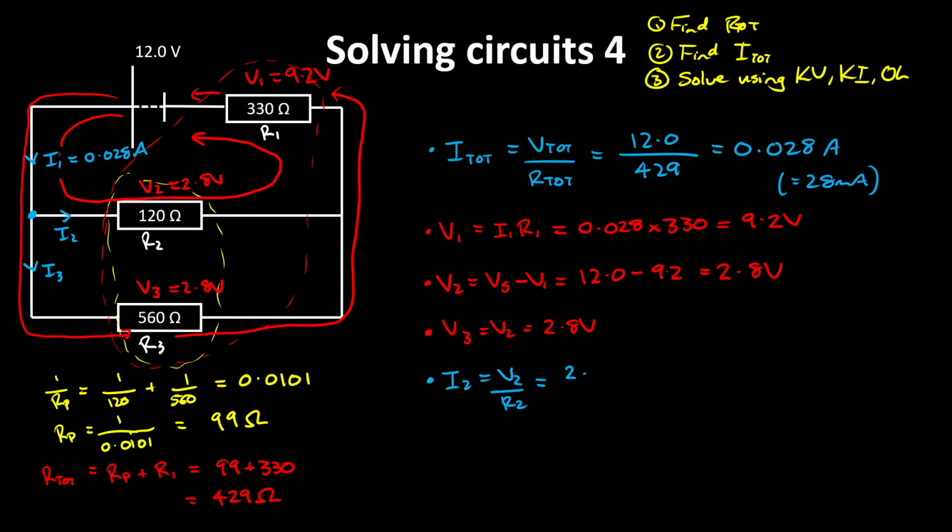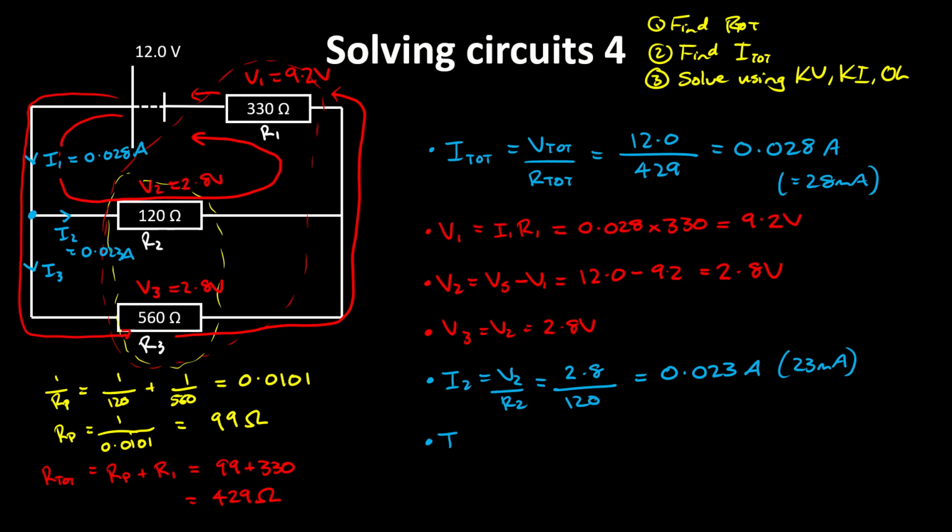So it's 2.8 volts divided by 120 ohms, which is 0.023 amps, or 23 milliamps. So I2 is 0.023 amps. That just leaves us with I3.